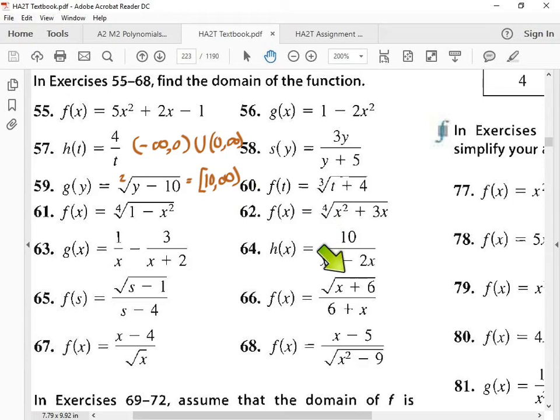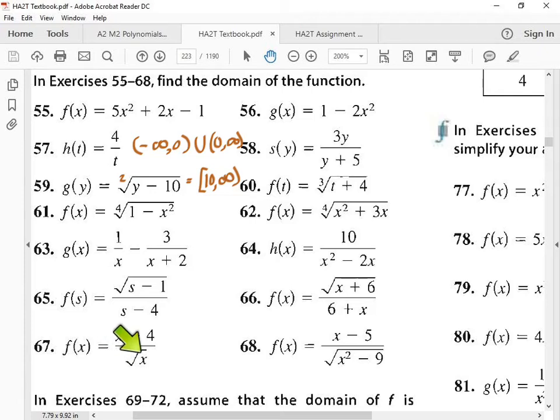So let's look at this one right here, just this fraction right here. What can I not plug into that denominator? Negative 2. What can I not plug into that denominator? 0. So you can plug in anything you want except for 2 or negative 2 and 0. Look at this tricky one right here. This one has a square root and an x on the bottom.